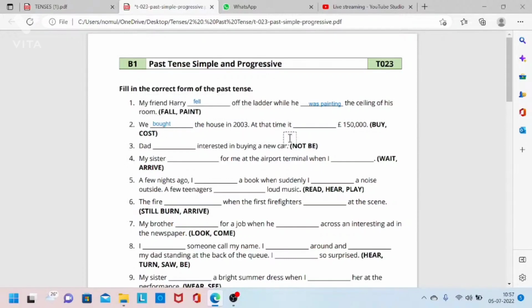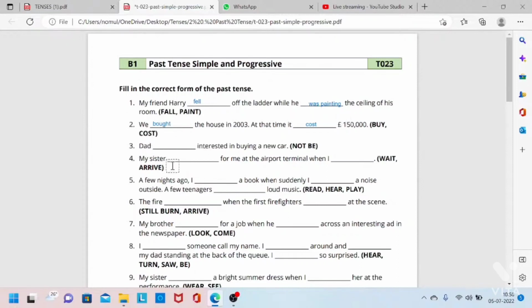At that time it dash 1,50,000. So using buy and cost we have to complete this. The past tense for buy is bought. These are the V1, V2, V3 formations. So buy becomes bought. We bought the house in 2003. At that time it cost 1,50,000. So using buy and cost we completed this sentence.